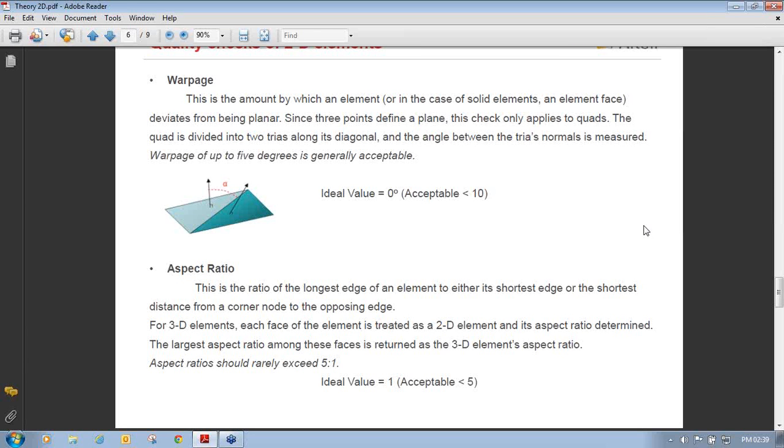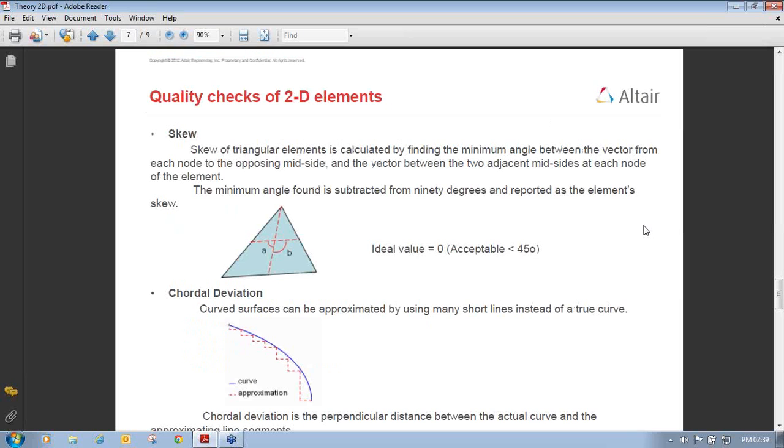The aspect ratio should rarely exceed 5:1. Ideally, the value for aspect ratio is 1, but the acceptable value is 5. So aspect ratio in general terms is defined as the ratio of the longest edge to the shortest edge.